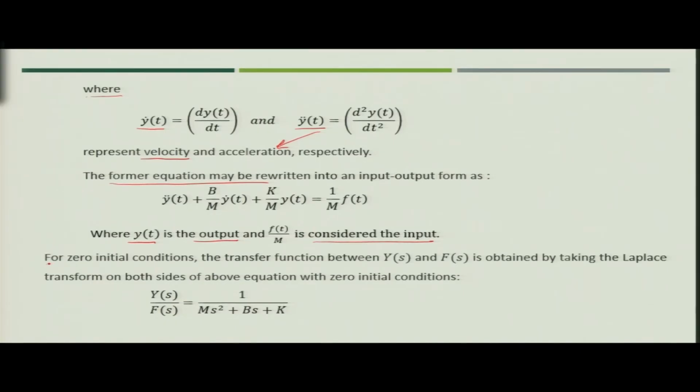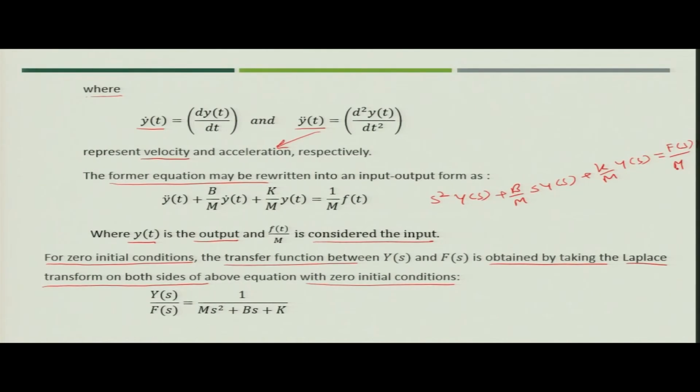Now, if you consider zero initial conditions, the transfer function between Y(s) and F(s) can be obtained by taking the Laplace transform on both sides of the equation with zero initial conditions. If you take the Laplace transform, this will be s square Y(s) plus b by m into s into Y(s) plus k by m into Y(s) is equal to F(s) by m.